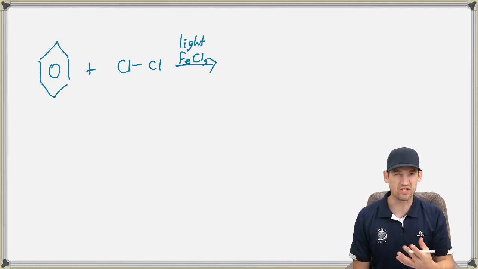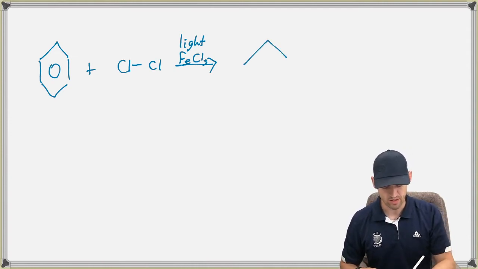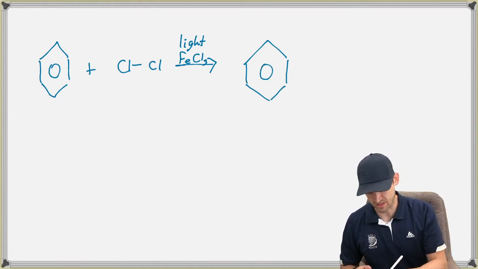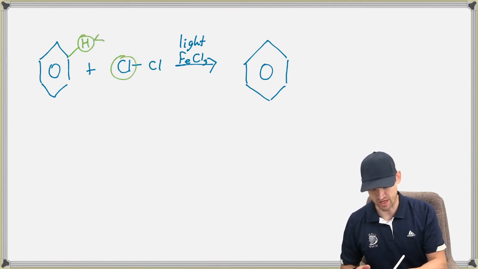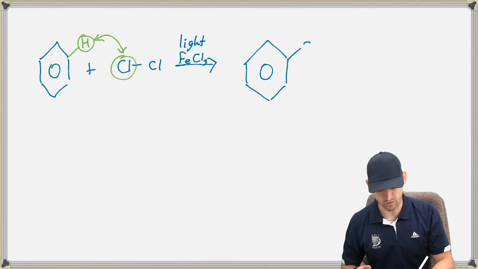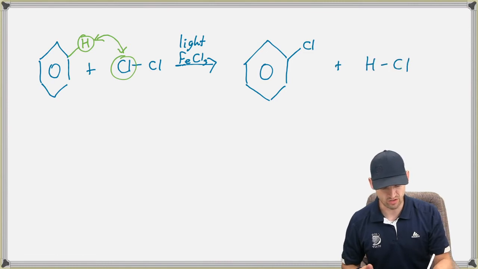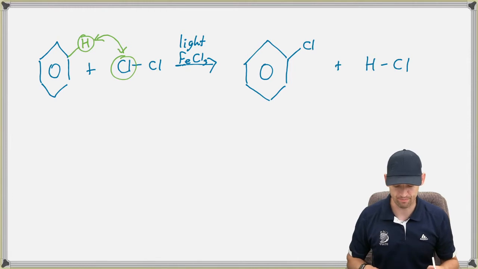But that catalyst needs to be there because of the stability of benzene to make this work. And it's kind of the same idea here, we're still going to make that switch. Let's say this H right here is going to switch places with that chlorine right there. And so we're going to end up with a chlorobenzene and an HCl in the end. Okay, so it's just a swap.